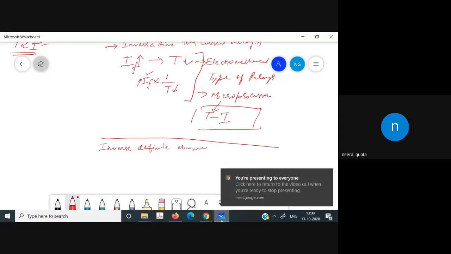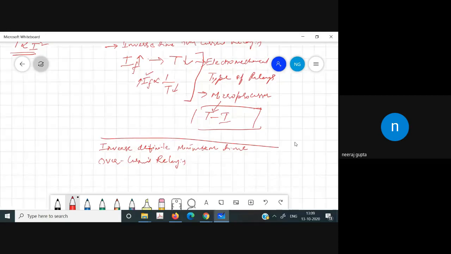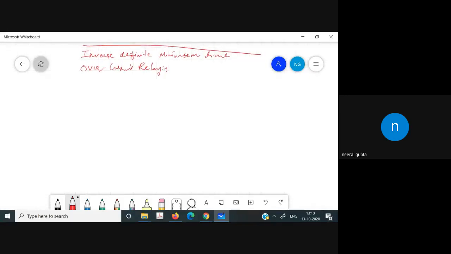So the next type of relay is the inverse definite minimum time over current relay.